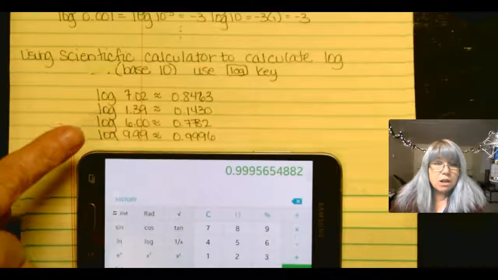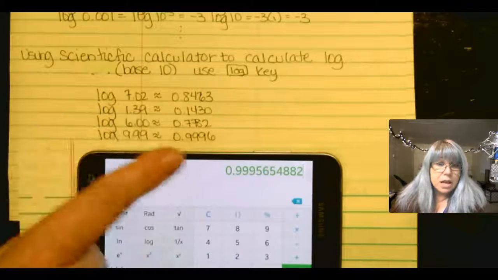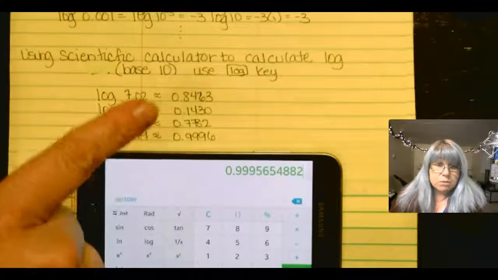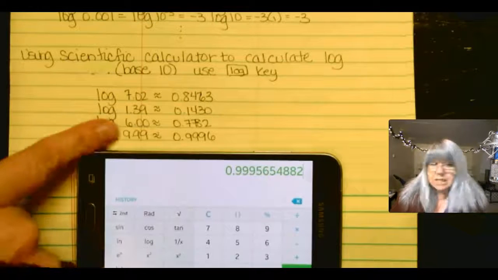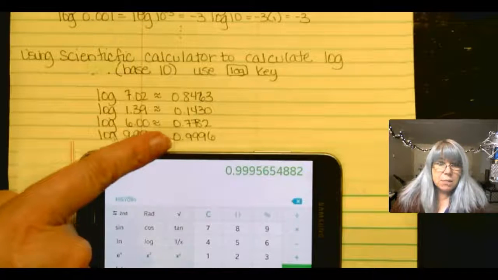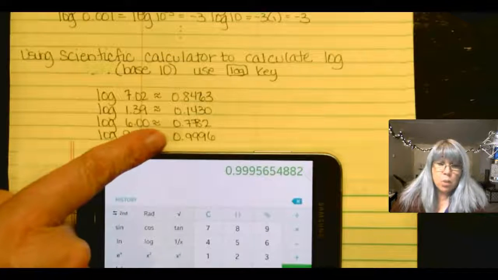Because I'm taking the log of a number smaller than 10, my answer better be a decimal, right? Because it's smaller than 10. We have to raise 10 to a smaller power than 1 to come up with a smaller number. If the number I was taking was larger than 10, then I'm going to have a number larger than 1.